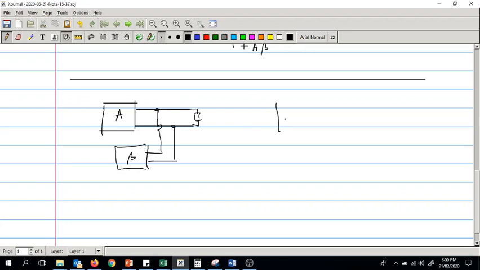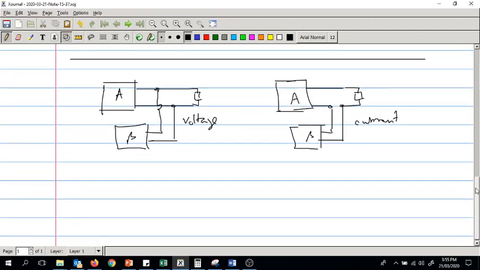And if you connect it in series like this, whatever the direction is, then what you are sampling is the current going to the load, not the voltage. So this is voltage, and this is current.